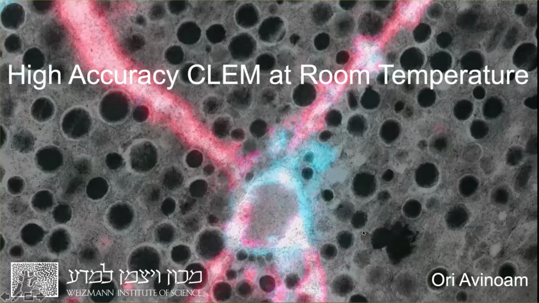Good. So what I thought I would do today, even though I've committed to discuss the high accuracy correlative microscopy paradigm at room temperature, in order to make this more of a conversation and try to deduce what are the governing principles of the decision-making process to do CLEM and which approach to use, I thought that I should first start by telling you from a scientific perspective why I even got into correlative microscopy, what is the reasoning.